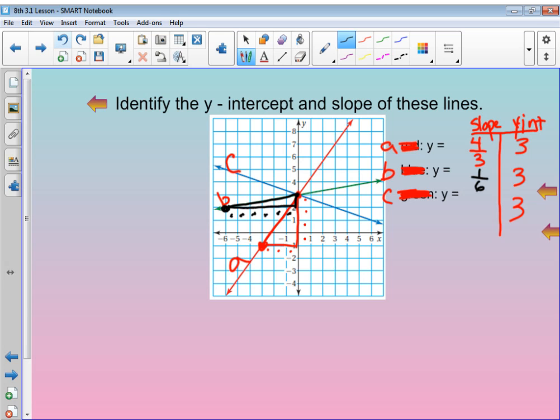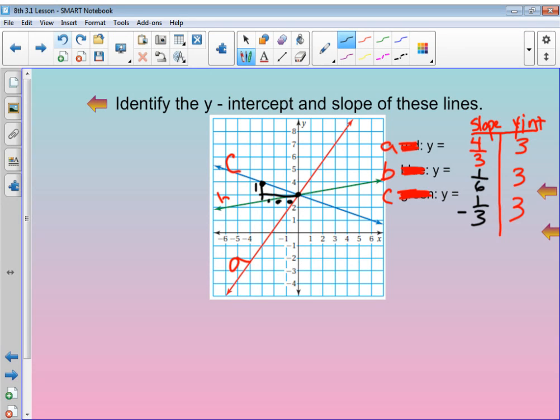And then for C, here's my other point right there. So my rise, I'm going to erase all this other stuff so that it doesn't look so confusing. My rise and my run, the rise is 1, the run is 1, 2, 3. So it's 1 over 3. And that is going down from left to right, so it's a negative 1/3.